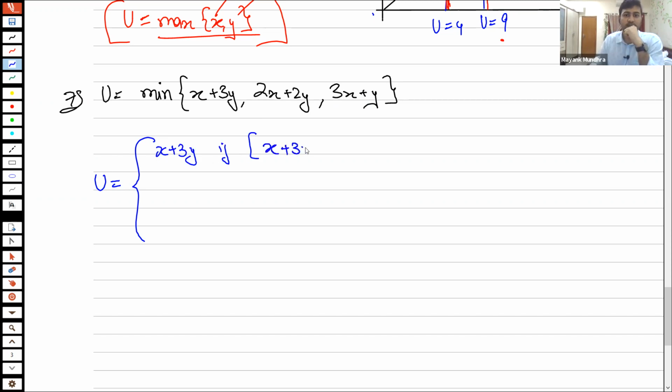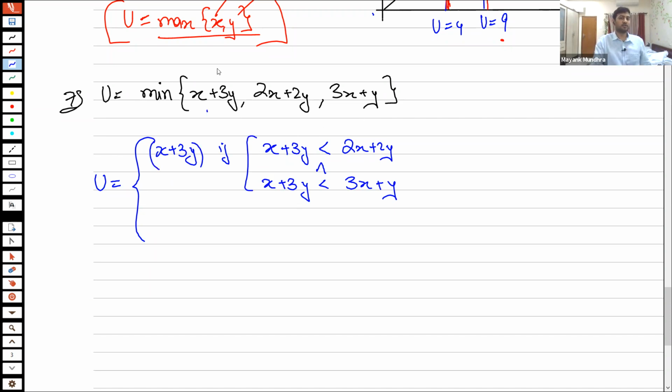That is, x plus 3y should be less than 2x plus 2y, and x plus 3y should be less than 3x plus y. So utility is min of 3 things now. Min of 3 things means it will choose the smallest possible thing. So it will choose x plus 3y as the min if x plus 3y is smaller than all the remaining things.